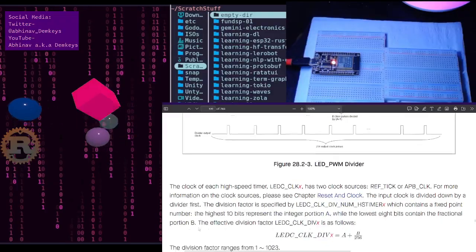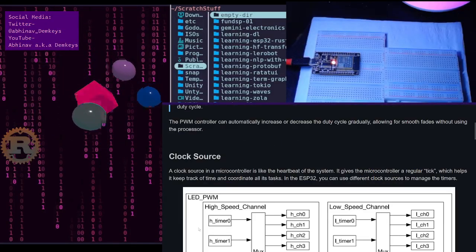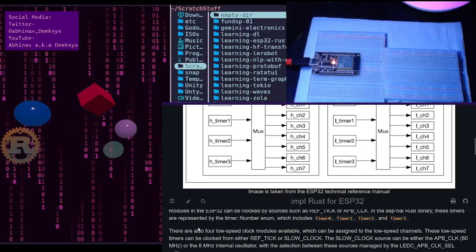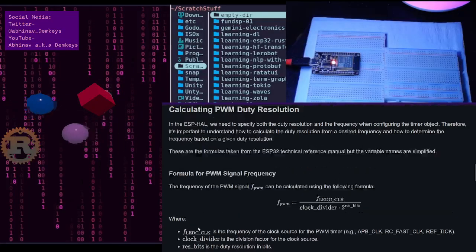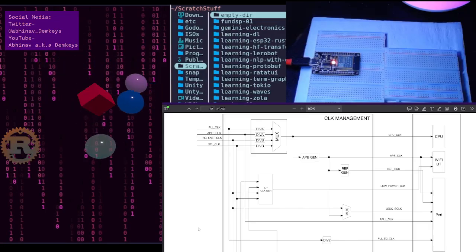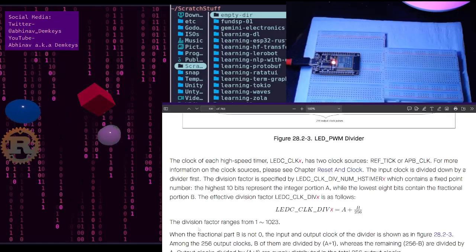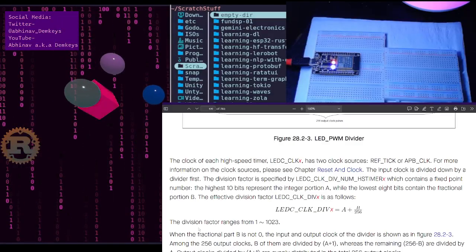Okay, the clock for each high-speed timer. Wait, is it mentioned here maybe? No. We need to try and get it ourselves.